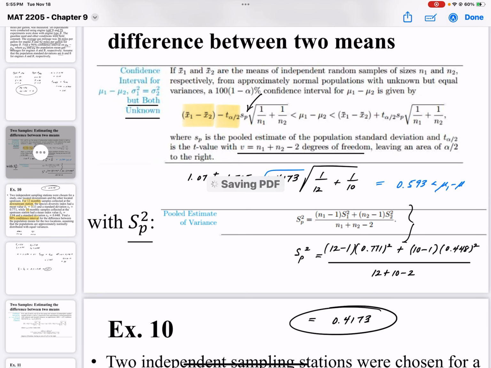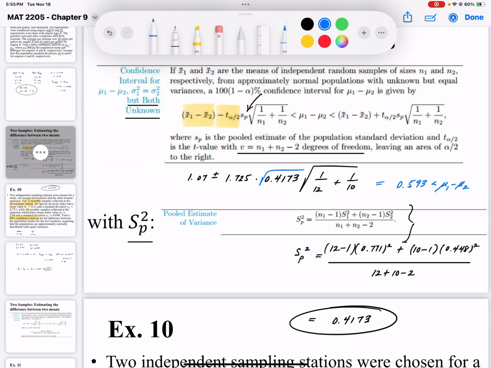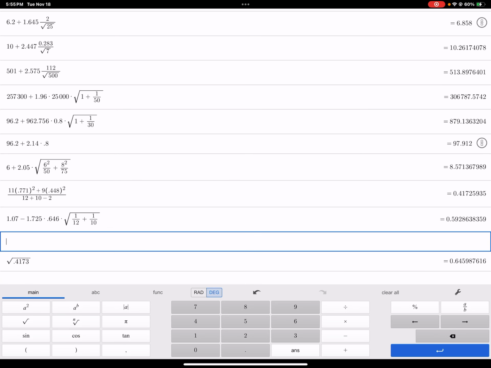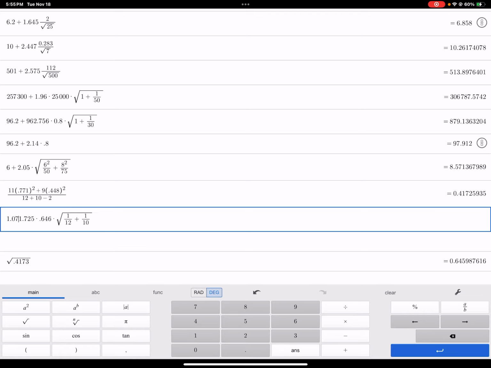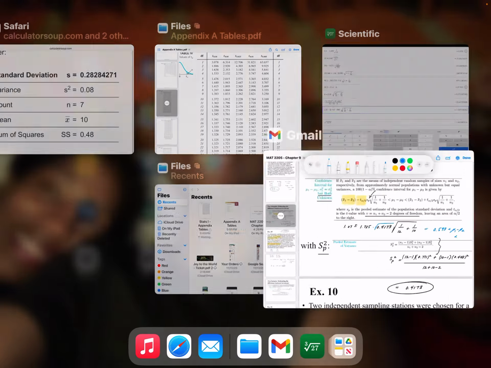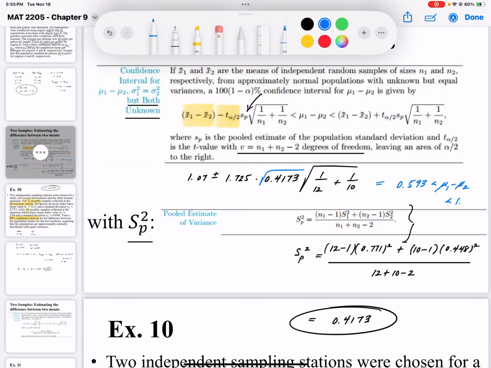And let's get our upper endpoint by just adding a plus to this. 1.547. There is the answer for that.